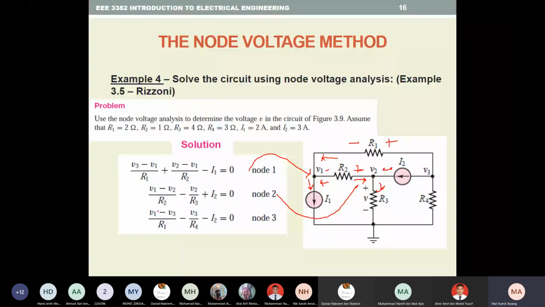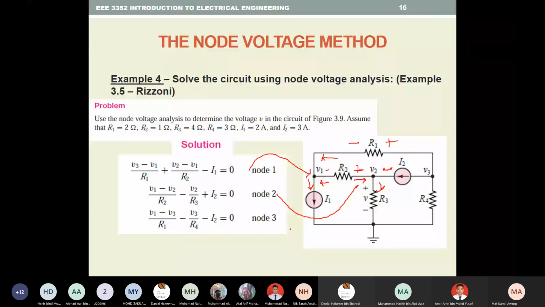You can also use this as going out. This is actually the same thing, because I can put a minus on V2 minus V1, so when minus, it becomes this. I can do that also.